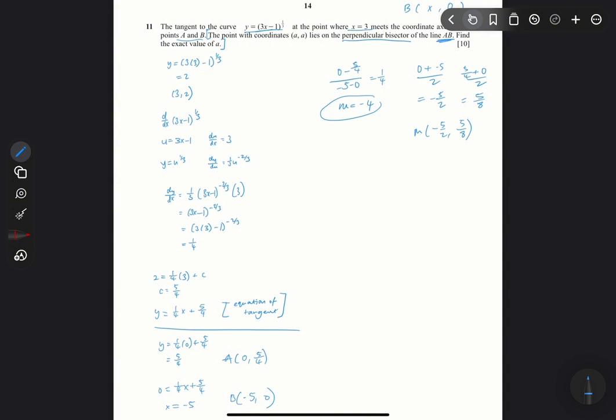So you can just plug it into y equals mx plus c. The y will be 5 over 8. This is the gradient, and this is the x. So c would be minus 75 over 8.